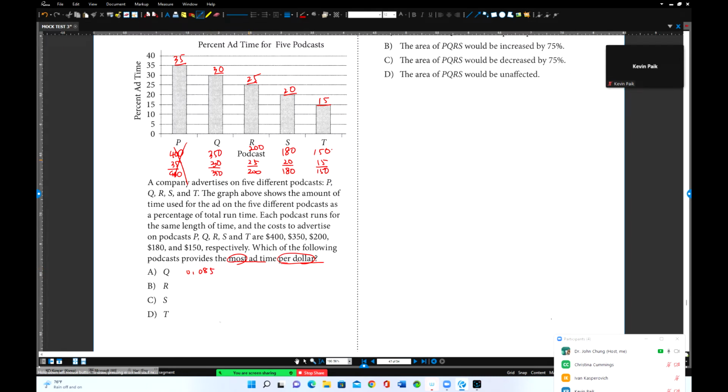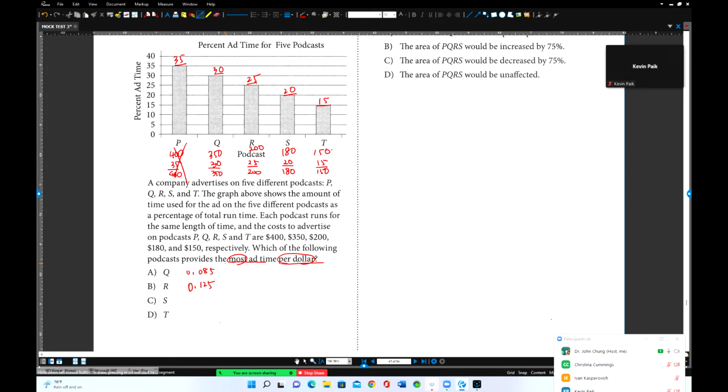And R is what? 25 over 200. That is 0.125. That's correct? Okay.